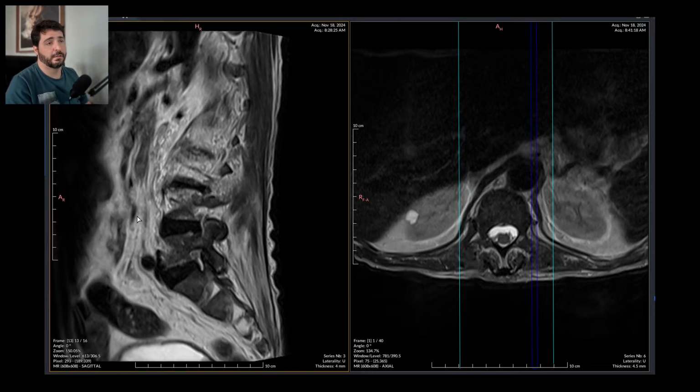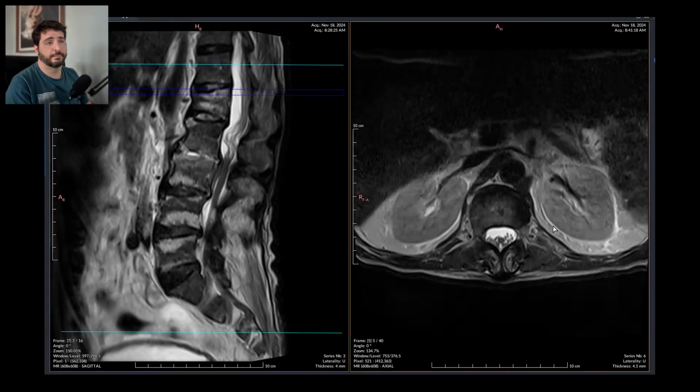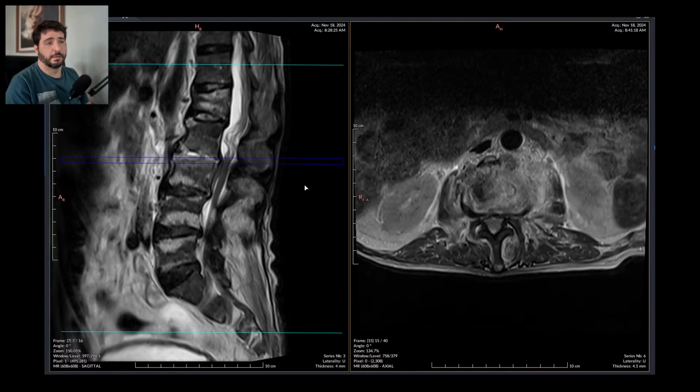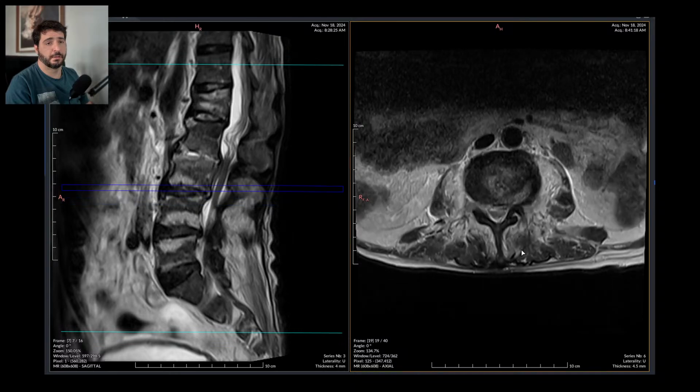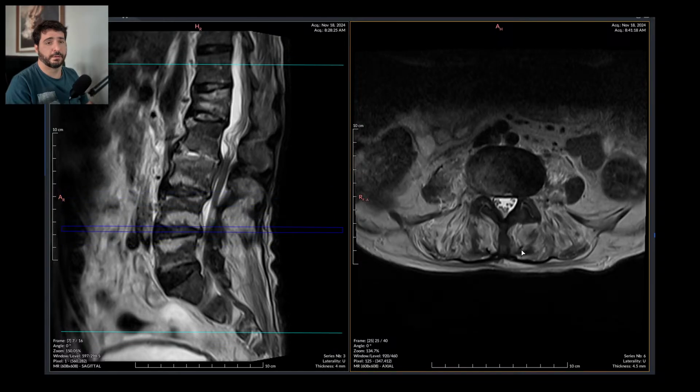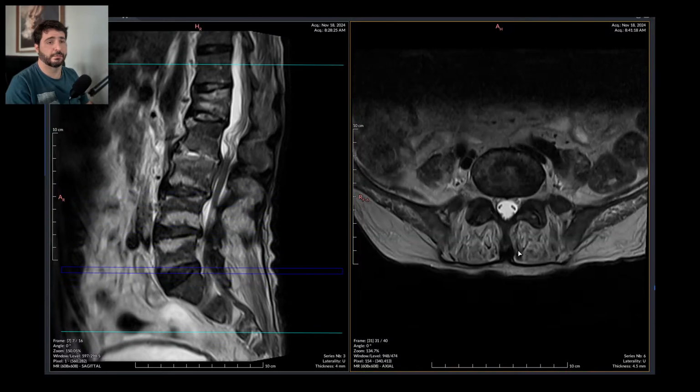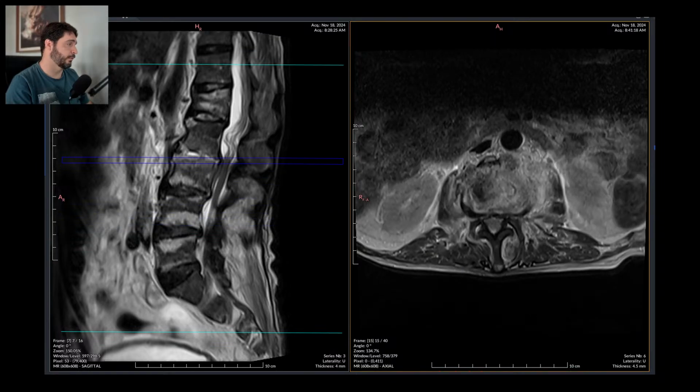And we have some sort of vertebral canal stenosis right here. This is moderate. This is mild. This is mild. This is normal. So moderate at L2, L3, L3, L4, and L4, L5. It's mild.